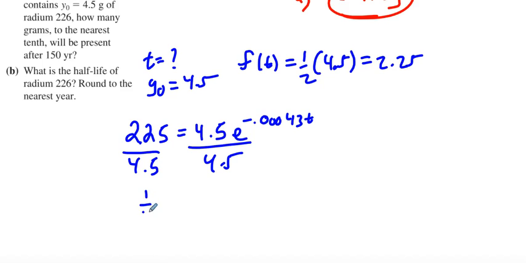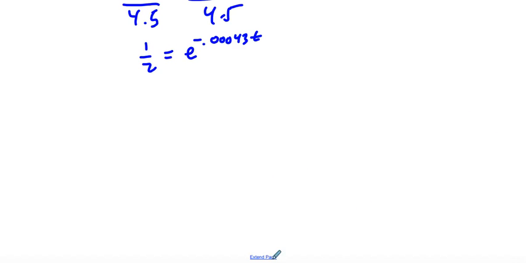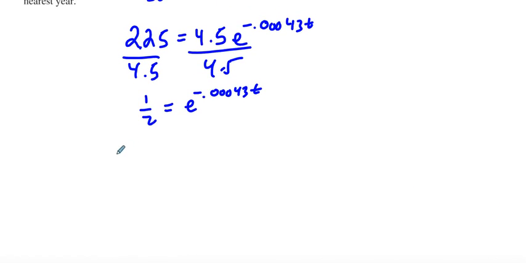That's half, so we have one half equals e to the negative 0.00043t. Notice again that when we have e as our base, we take the natural log of both sides, because we know that's going to cancel out. So we take the natural log of one half on the left side, and the natural log of the right side.